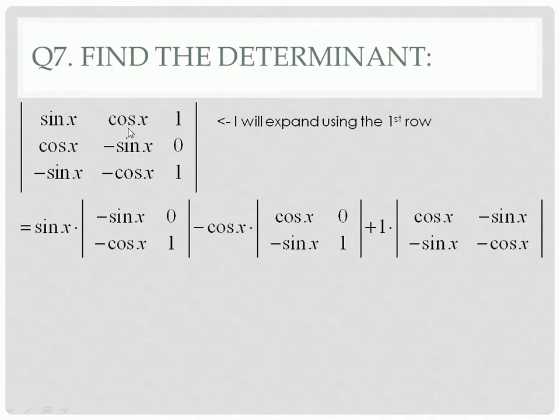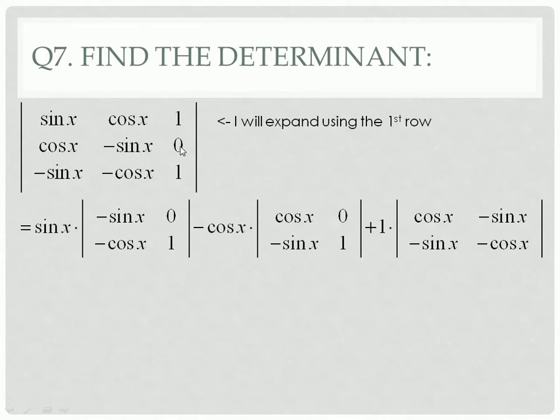And then this second term, again, I said was going to be a negative, so I multiply it by a negative, negative cosine x. Take away the first row and second column, and you're left with cosine x, 0, negative sine x, 1.